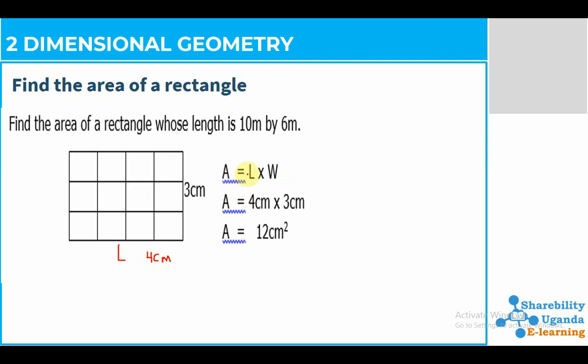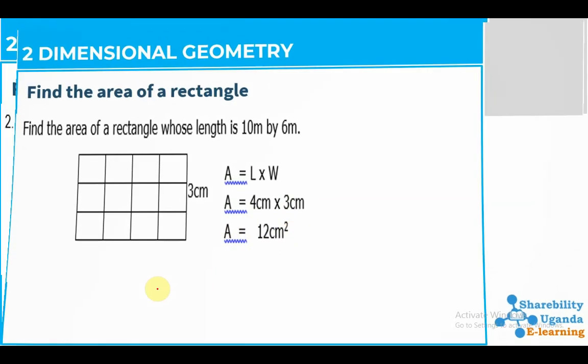When you use our formula as length times the width, we get our area as 4 times this, and then we get our total area as 12 centimeters cubed.